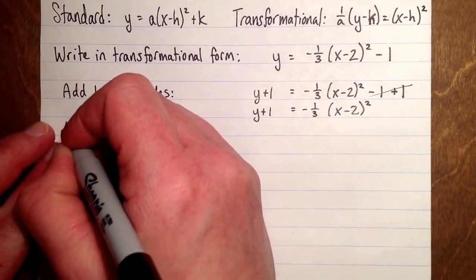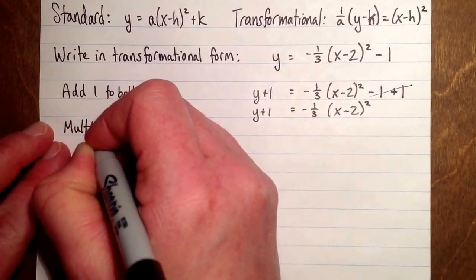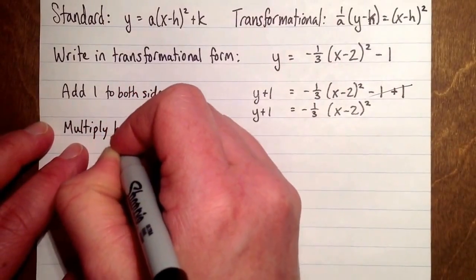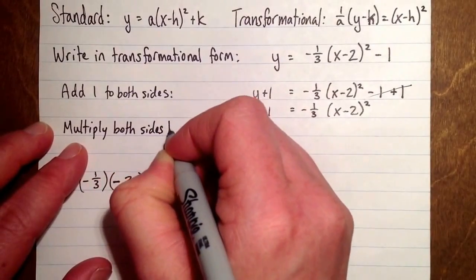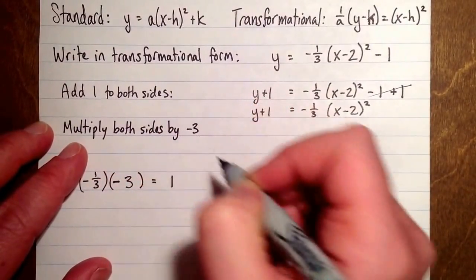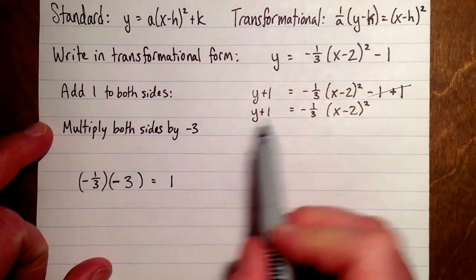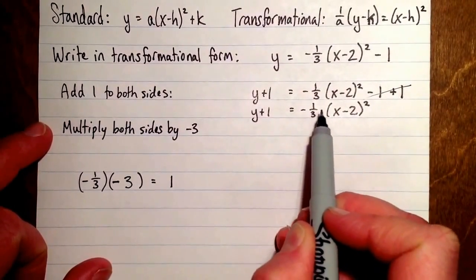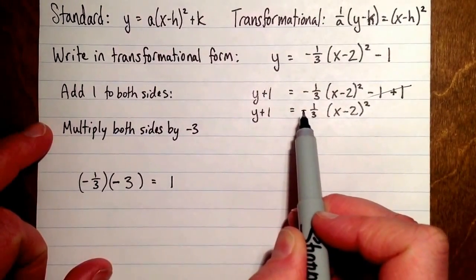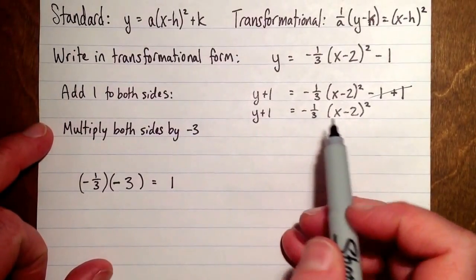So we're going to multiply both sides by negative 3. Notice that it is negative. We were multiplying to get rid of this, and to get rid of the negative and multiplying, we're going to multiply by another negative.